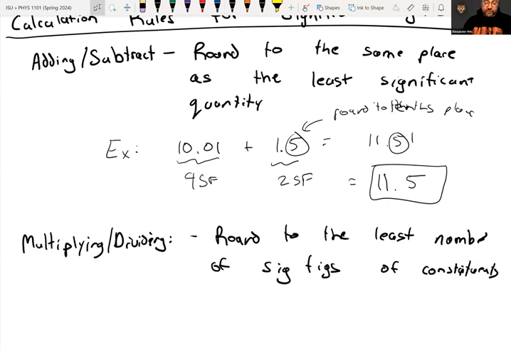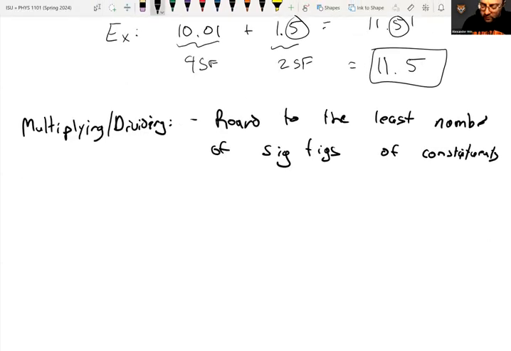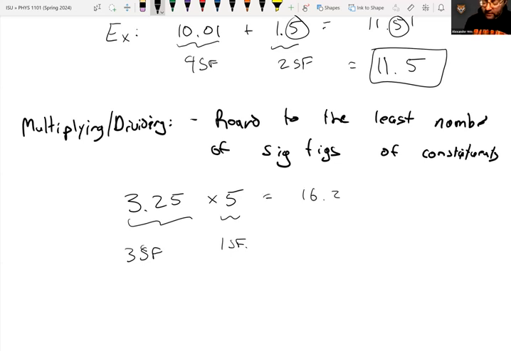So an example of this would be if we had, say, 3.25 times 5. The idea here is this has 3 significant figures, but this only has 1 significant figure. And what this means is that we'd multiply this out and we'd get, I believe, 16.25. But we have to round to 1 sig fig.